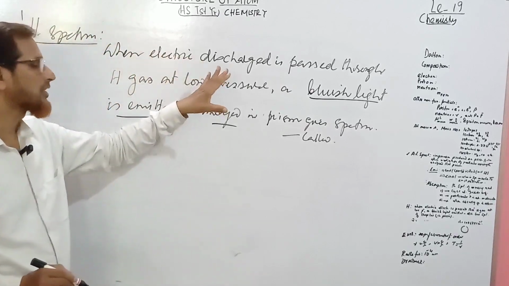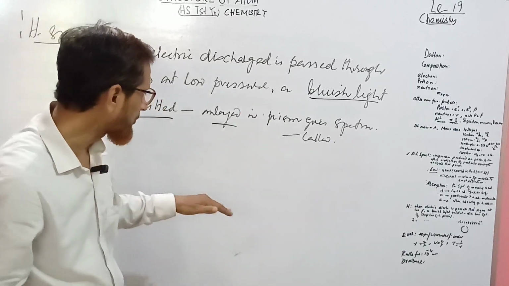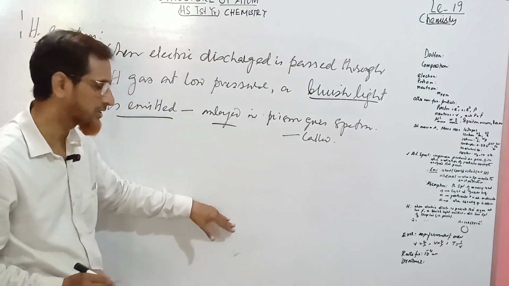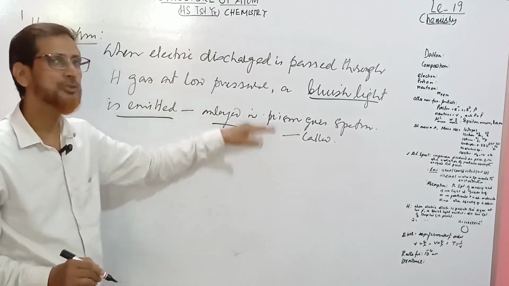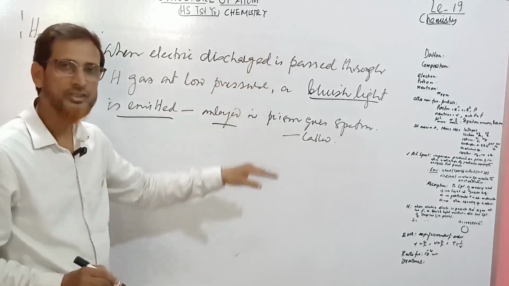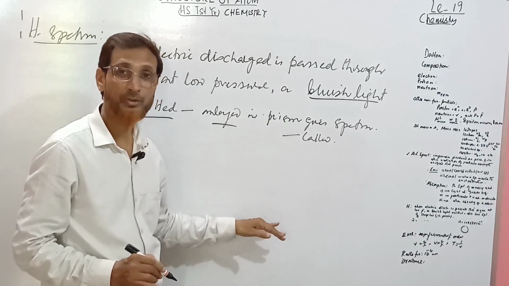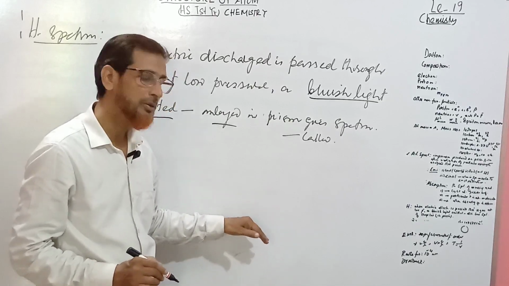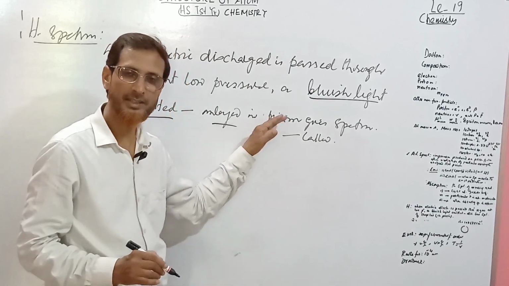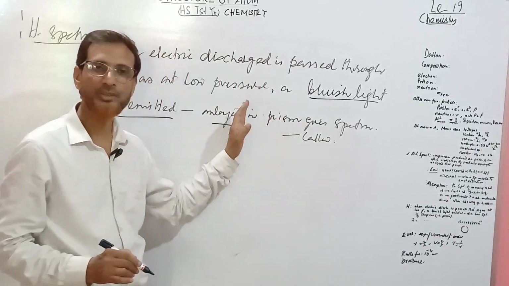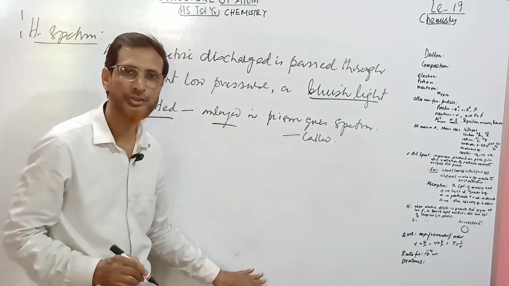When electric discharge is passed through it, in the atomic state of hydrogen, the electron jumps from the ground state to the next state. A lot of energy levels are there. It jumps to higher and higher energy levels, absorbing some amount of energy from the ground state, and after some time it releases the absorbed energy and comes back to its original position.